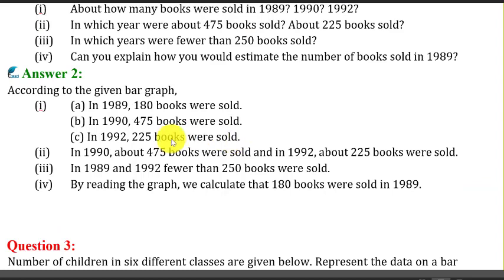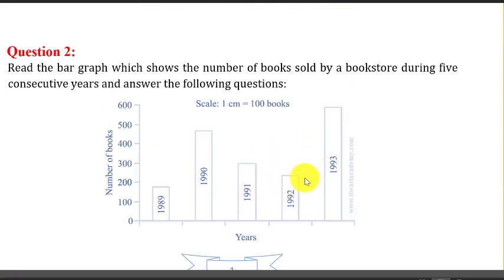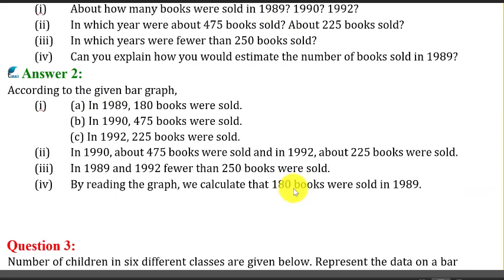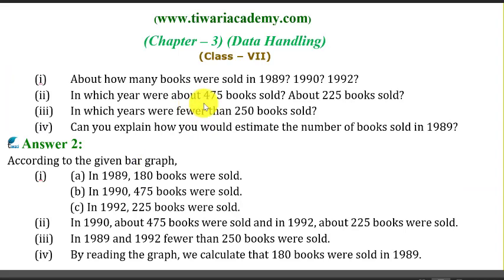That is the answer for the second question: in 1990 about 475 books were sold, and in 1992 about 225 books were sold. In 1992 it is in between 200 and 300.